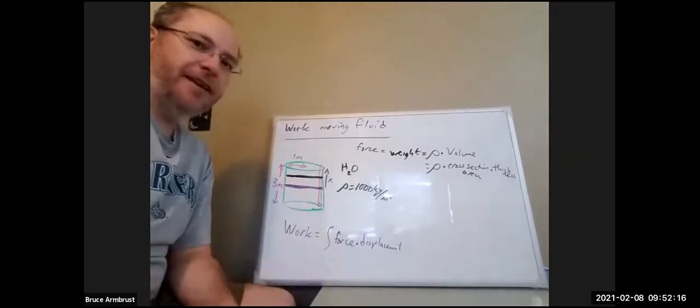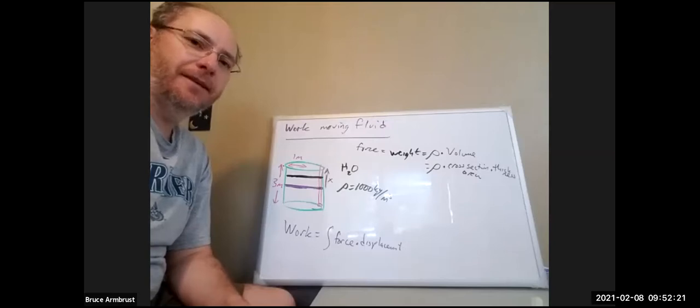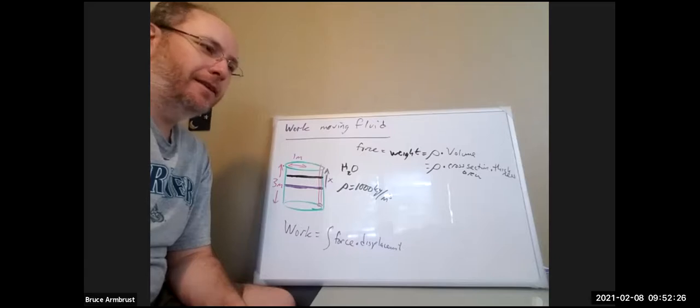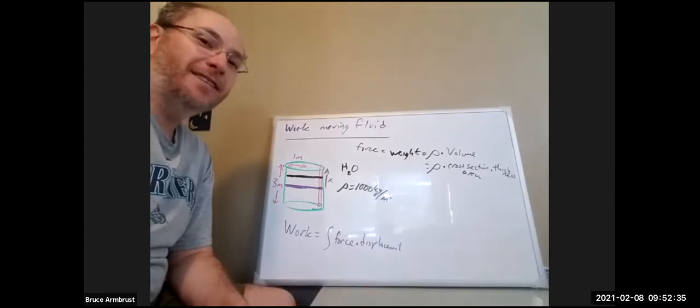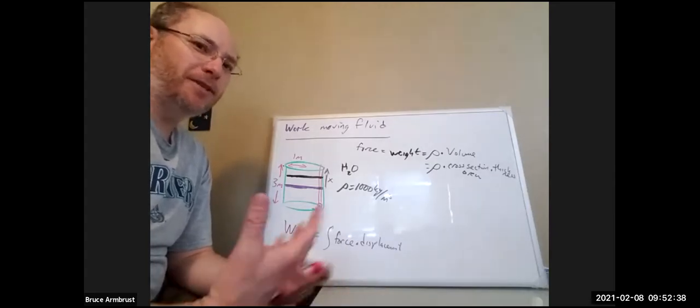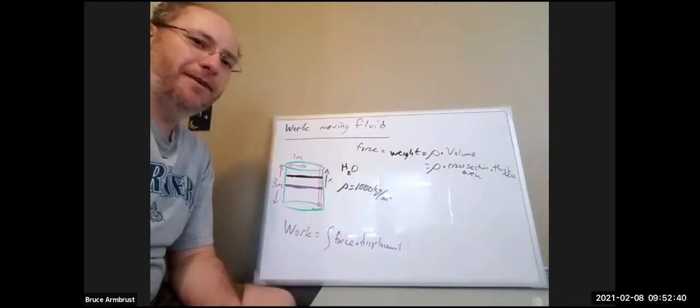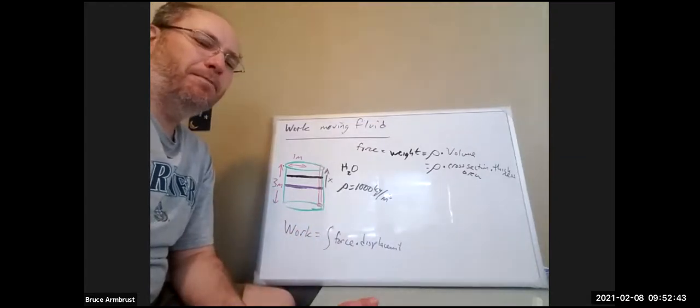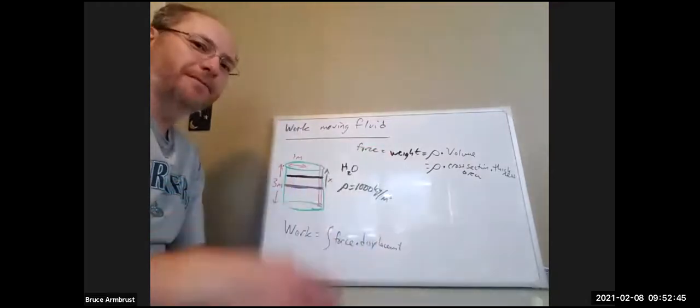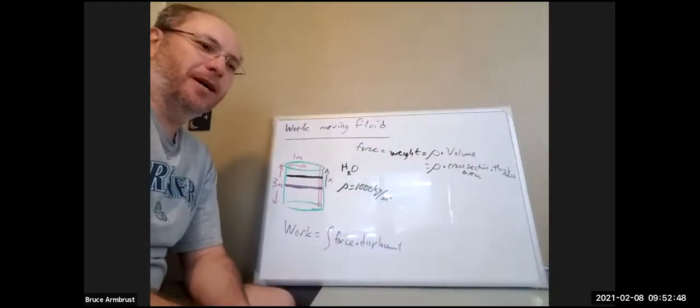If this was a container of root beer, the root beer is going to have a different density. It's going to be a little bit higher, depending on whether it's regular or diet. Did you know that diet sodas are less dense than water? Well, fun fact, next time you have a bunch of different kinds of sodas in a big cooler where the ice has melted and turned into water, you'll notice that some of them float and some of them sink.